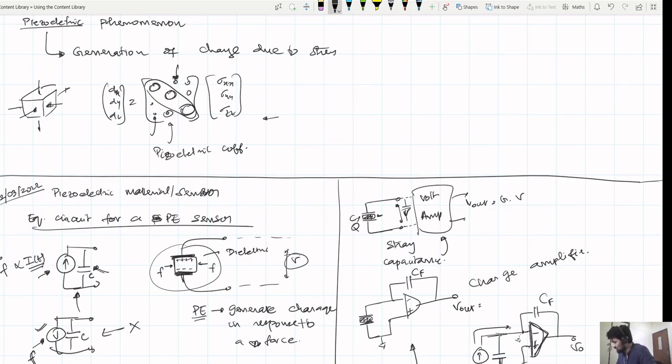So the current is forced to flow through the feedback capacitor and then come back through the op amp to the piezoelectric crystal. So your V out will be minus Q by Cf, and this 1 by Cf is kind of your gain now. This is your output, this is your input.